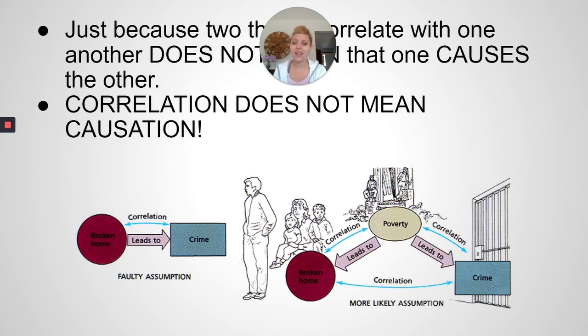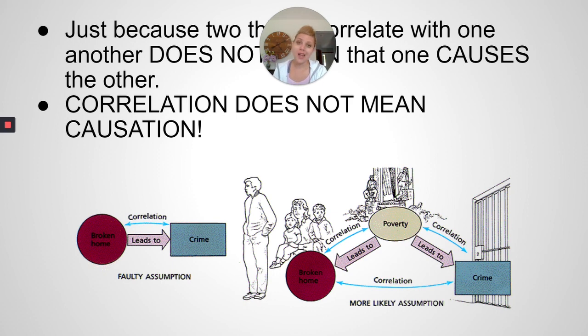However, just because these things correlate doesn't mean that one causes the other, because a third variable that also plays a significantly large role as to whether or not a person is going to commit crimes or live in a broken home is actually poverty. When people experience poverty, it puts unnecessary strain on family units, which makes them less likely to be able to survive their relationship, thus a broken home.